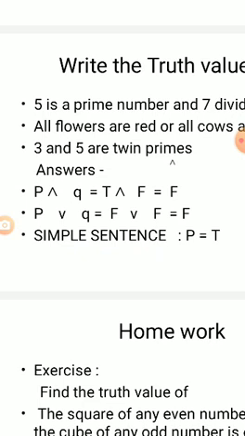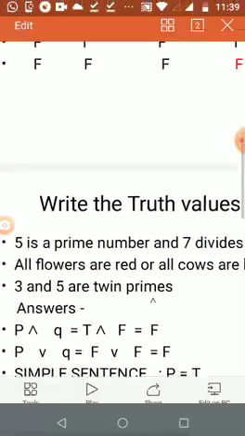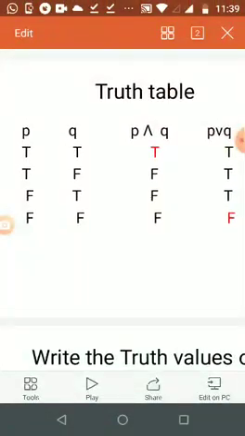So they have truth value F, and the given statement can be written as P or Q, and therefore its truth value is F or F, that is F. Both are F, so it is F. If one is T and the other is F, then it is T.